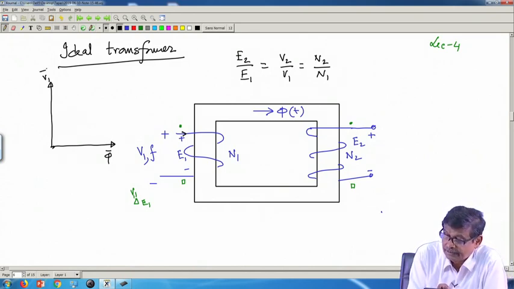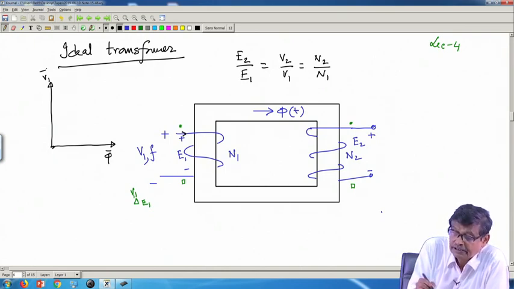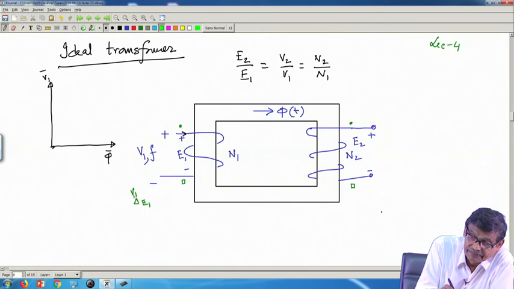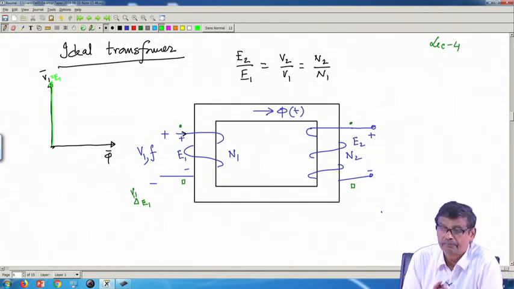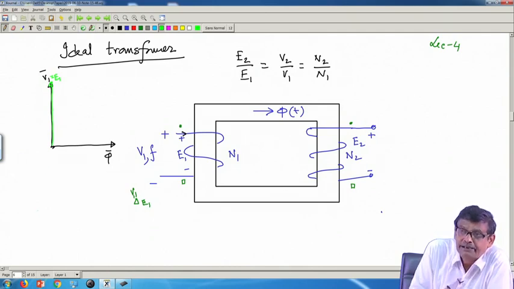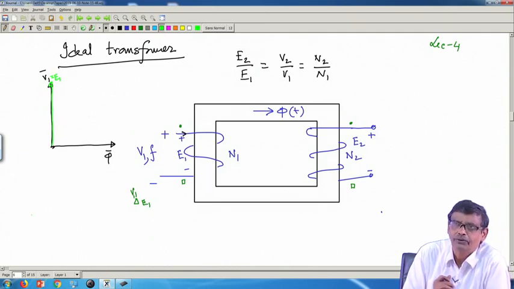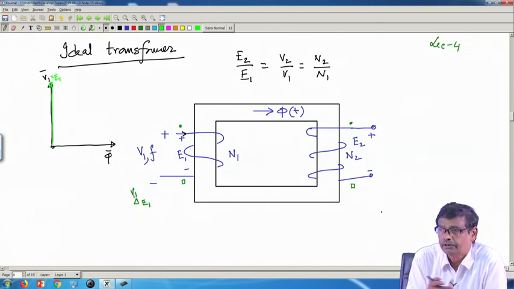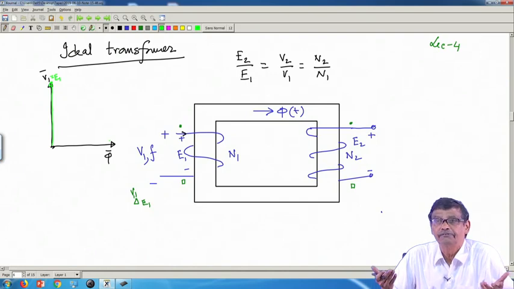This flux will induce voltage in the primary coil and E 1 has to be equal to V 1. Therefore, primary coil induced voltage will be like this, also equal to E 1. I told you in some books phi leads E 1 by 90 degree, but I know the whole story now. E 1 only, it acts in opposition with supply voltage, but with respect to time they are in phase.